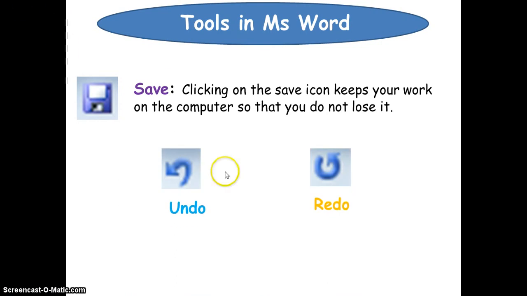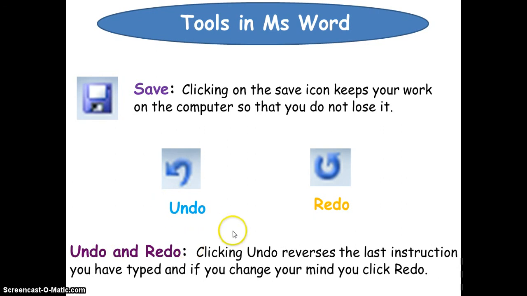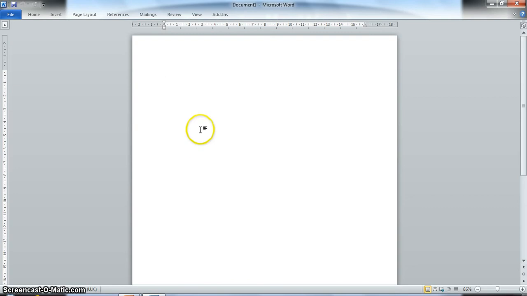The next icon we want to look at is the undo icon and the redo icon. Let's find out what they do. Clicking undo reverses the last instruction you have typed. And if you change your mind, you click redo. Now let's demonstrate how that works. If I have a text, welcome, and I do not want welcome anymore, I want to change my mind about having it on my screen, I'll just click on the undo icon.